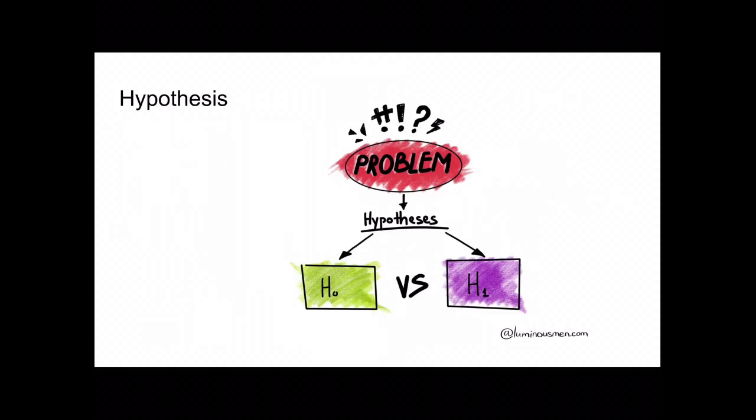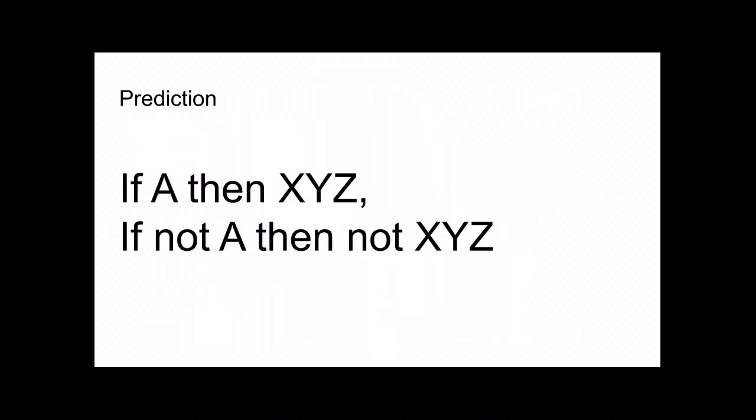All right, the third part of the scientific method is a prediction. On the slide we have, if A, then XYZ. So if this thing works, or if this is true, then we would expect to see XYZ. The presence of XYZ is what is going to indicate to us that A is happening or is accurate.